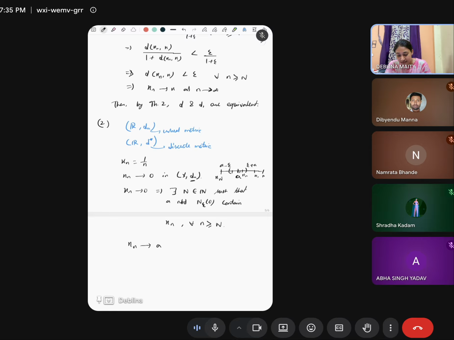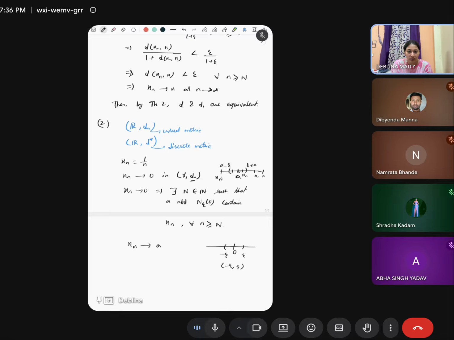Now in the usual metric, a neighborhood of 0 means an open interval around 0, so this is minus epsilon to plus epsilon, an open neighborhood.